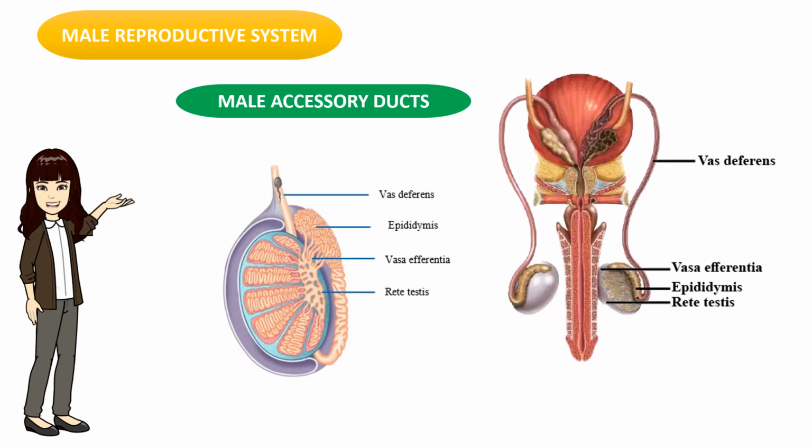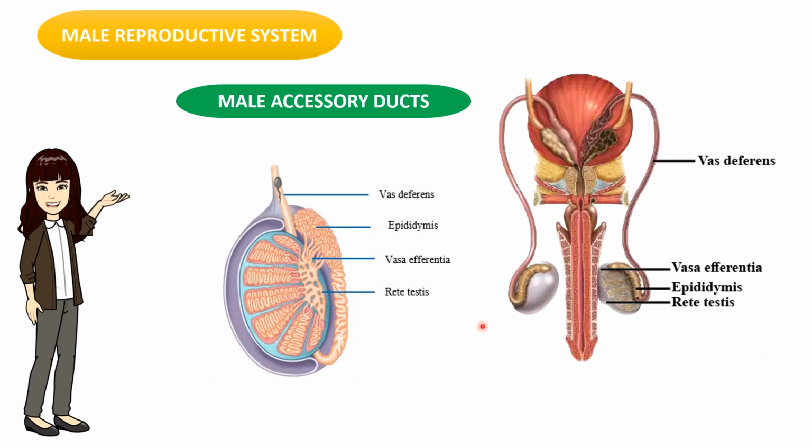Once sperms are formed inside seminiferous tubules, they need to be stored and transported out through the urethra. Male accessory ducts such as rete testis, vasa efferentia, epididymis, and vas deferens help in storing and transport of sperms. Seminiferous tubules open into the rete testis, a network of small tubes. Rete testis leads to vasa efferentia.